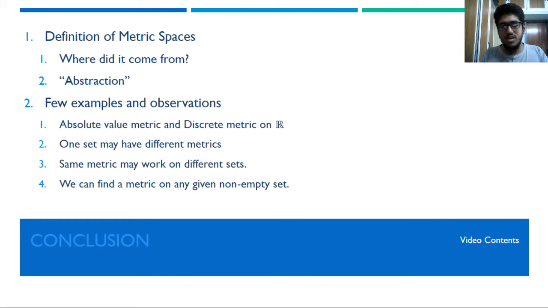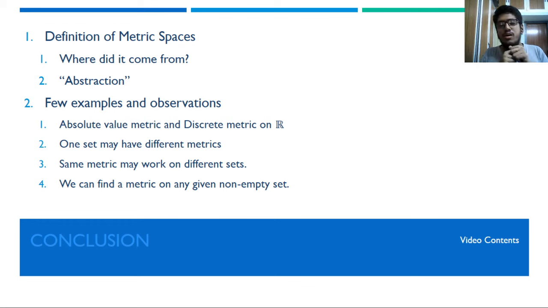So to conclude, there was a question by Nigida whether there is a metric which works on every set possible. There is one, and it is the discrete metric, which we already talked about earlier, and it works on every single set possible, which is non-empty.